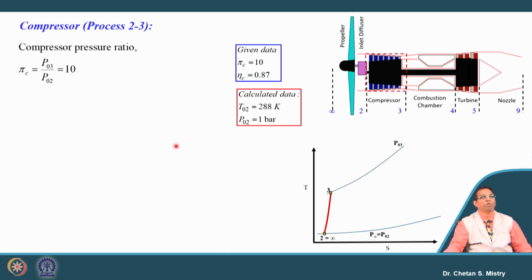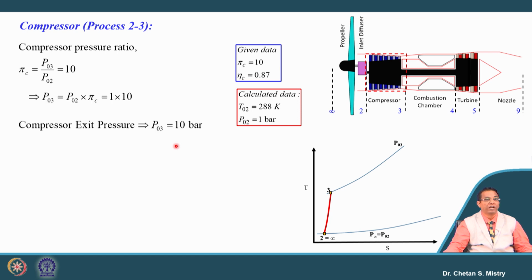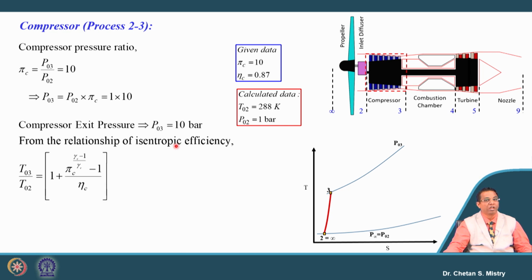Now let's look at the next component, the compressor. The pressure ratio is given, which is 10, and the compressor efficiency is 87%. Based on the pressure ratio, the exit pressure from the compressor is 10 bar. The exit temperature can be calculated from the pressure ratio and the compressor efficiency, and it comes to 596 Kelvin.